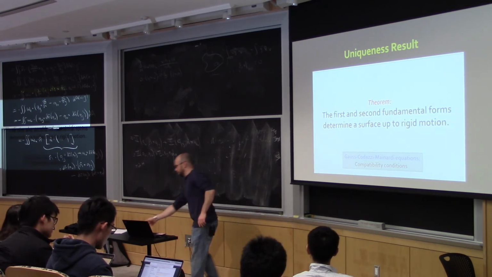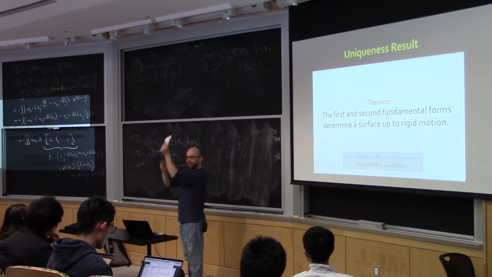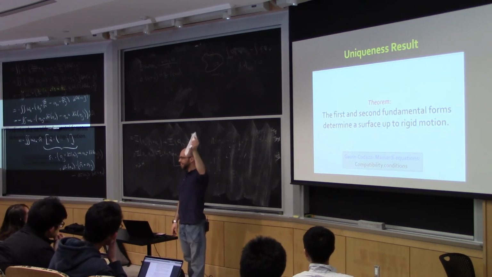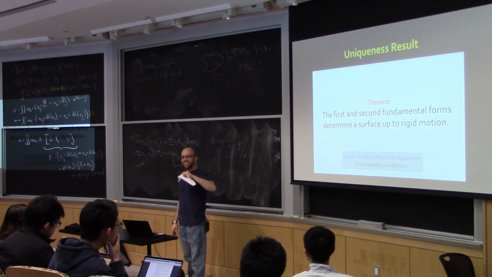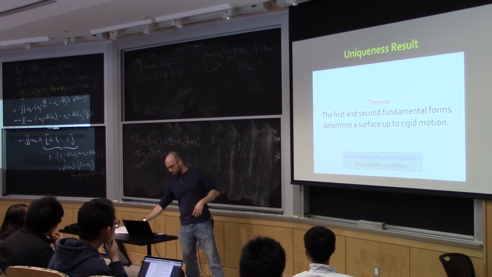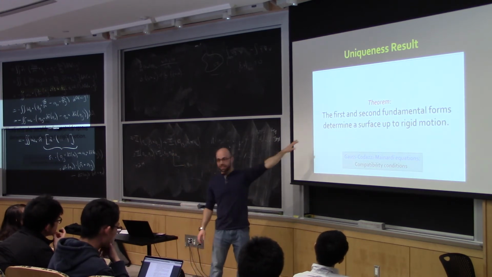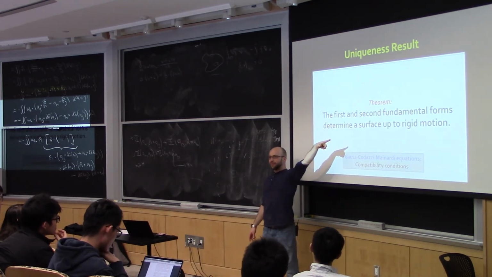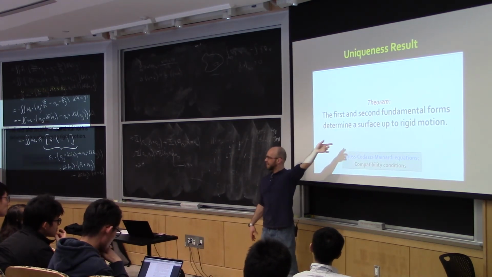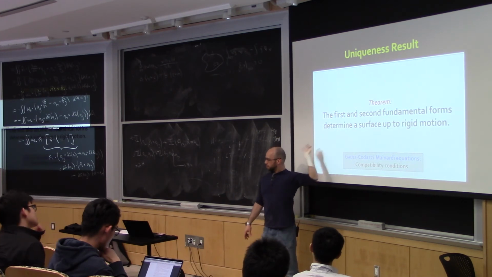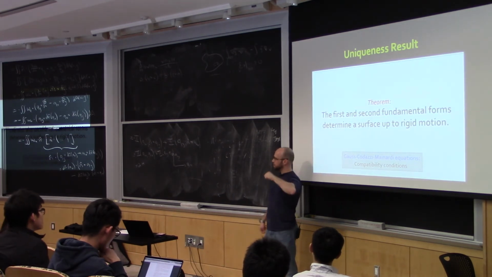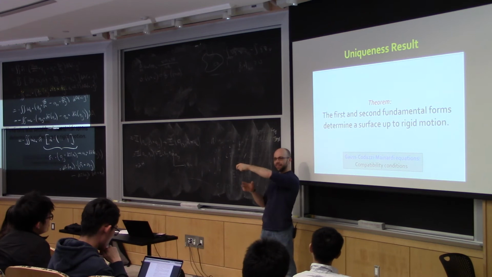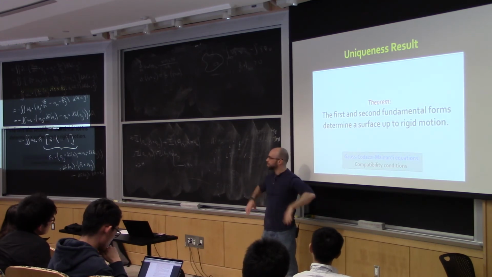But remember that the map from this surface to that surface is an isometry, so it's clearly not the same as a rigid motion. So if you have a map that preserves the first and second fundamental forms, remember the first fundamental form is just the dot product and the second fundamental form is basically mean and Gaussian curvature, if you preserve both of those, you're necessarily a rigid motion, like a rotation, a translation, and possibly inversion.